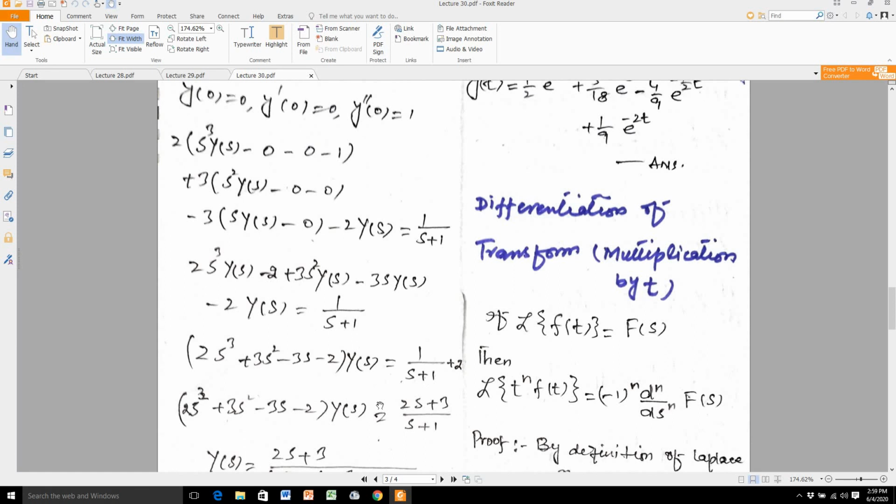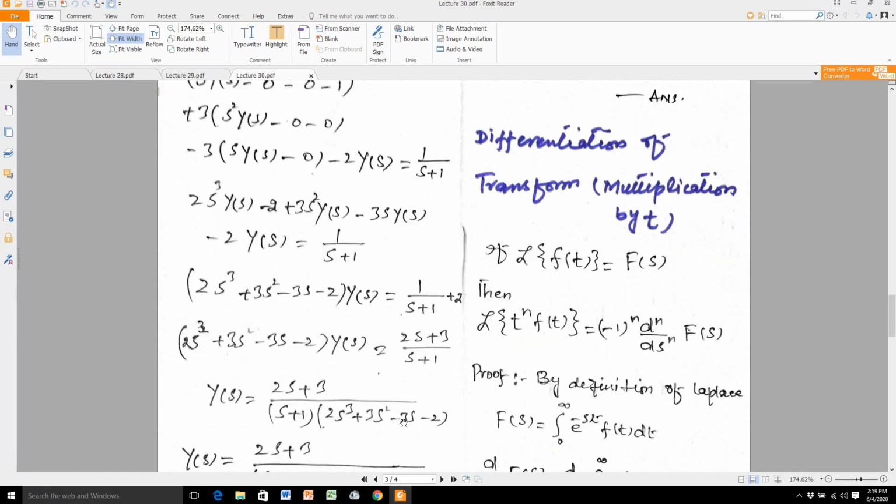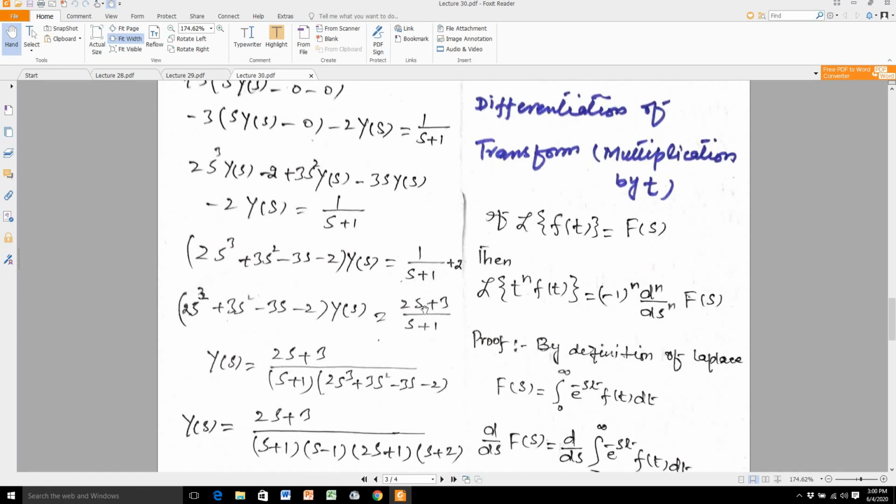This becomes positive 2. After taking the LCM of the right side, I get 2s plus 3 divided by s plus 1. Then I divide this term towards the right side. We get capital Y of s is equal to 2s plus 3 over s plus 1 into 2s cube plus 3s square minus 3s minus 2.